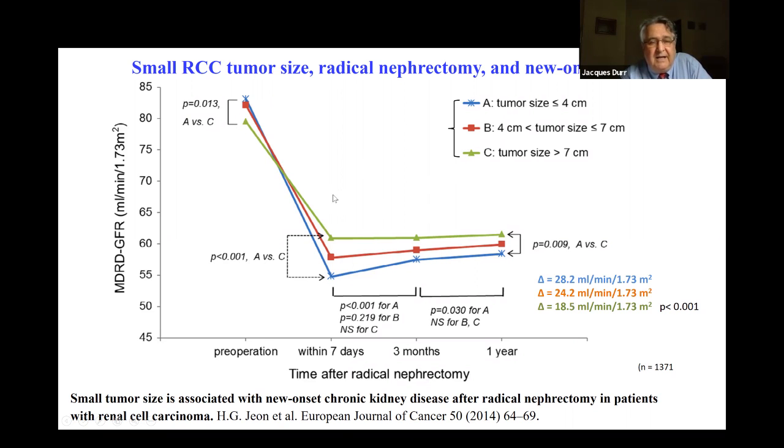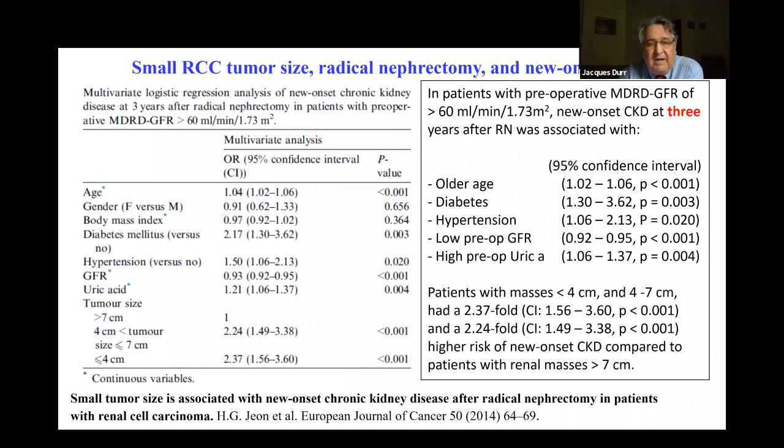They had less fall in GFR, which seems paradoxical, but we saw that in different studies. It's not the only study that shows that. So the delta GFR in patients with smaller tumor was 28, whereas the delta in patients with large tumor was only 18 milliliter per minute per 1.73 square meter, which is kind of an unexpected finding.